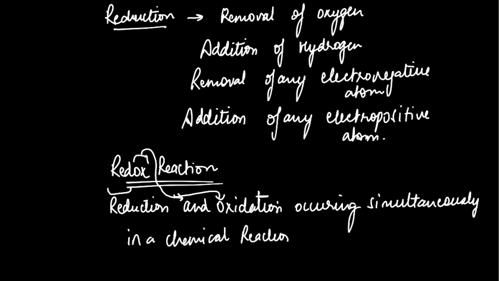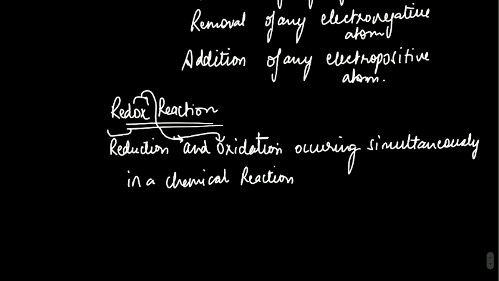Now, most of the time when we write any kind of oxidation reaction, there is definitely an element which is getting reduced also. So we can't say that only oxidation is happening. It's always going to be reduction also happening over there. But yes, in certain reactions, our prime focus is the oxidation reaction. That this is oxidation reaction. It's an example of oxidation reaction. But there will be an element always which is also getting reduced.